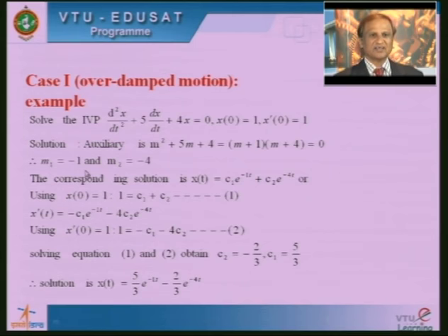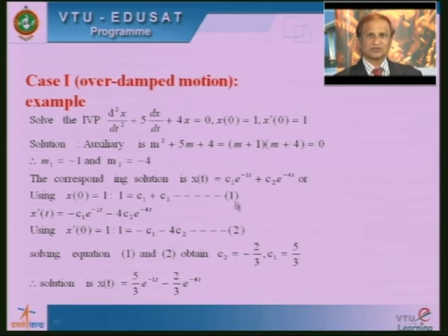So you can differentiate the solution. I hope you will get x prime of t is equal to minus c1 e to the power minus 1 into t minus 4 into c2 e to the power minus 4t. And they have given one more condition. We can use that condition to find another equation.